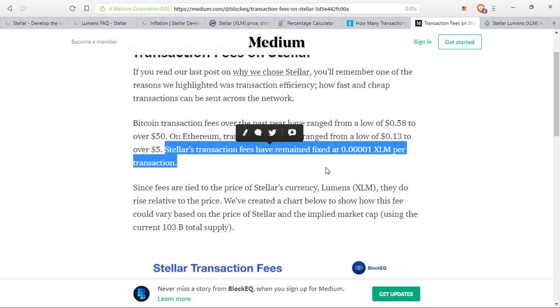And if their network gets backed up because they are not able to handle an enormous amount of transactions per second, such as Stellar says that they are capable of doing, you end up getting a much higher transaction fee. Typically in the past, we have seen instances where the Bitcoin network has charged anywhere from $7 US dollars to around $30 per transaction, while this has not changed on the Stellar network, which means that at any given time, sending a transaction on the Stellar network is all but free.